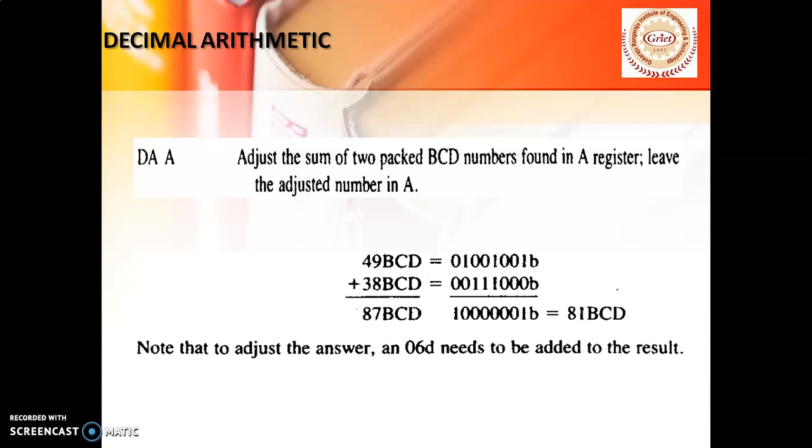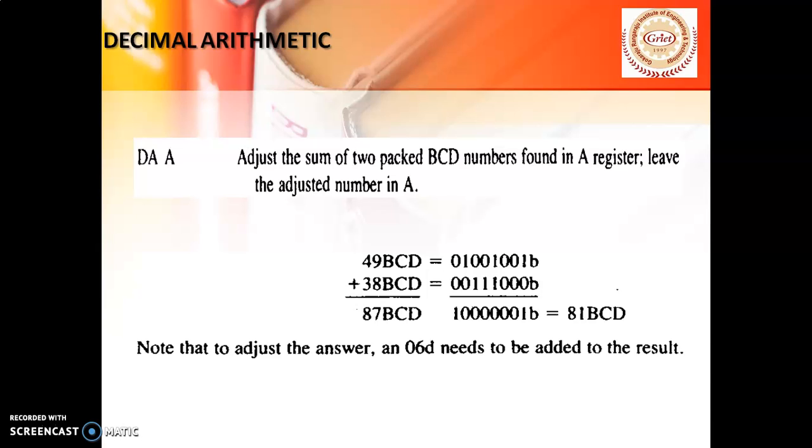To make it valid in BCD, whenever we get a result greater than 9, we need to add 6 to the BCD number. Whenever you add 6 to the BCD number, we get a BCD code. Now, you got the result as 12, so you add 6 to it. Now you get a BCD code: 12 is written as 0001 for the 1 and 0010 for the 2.